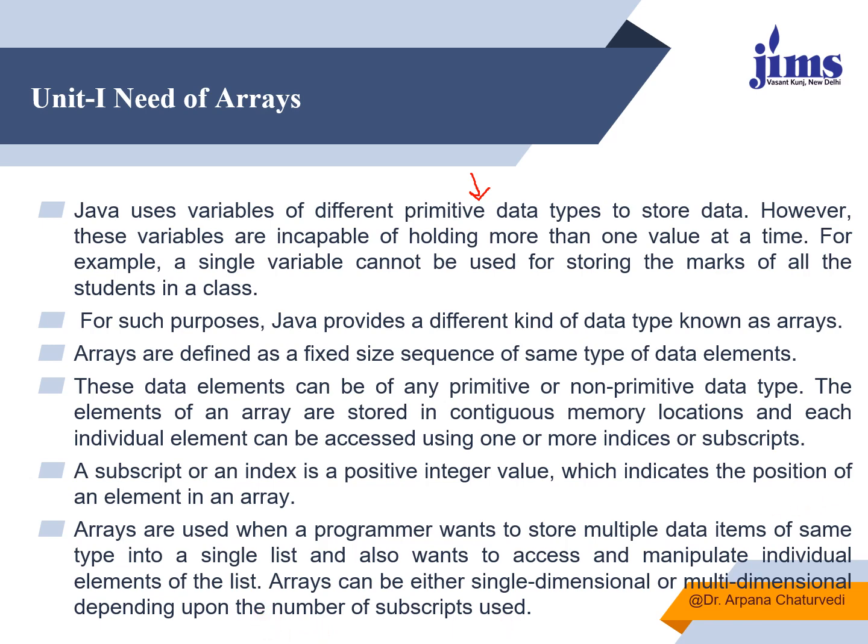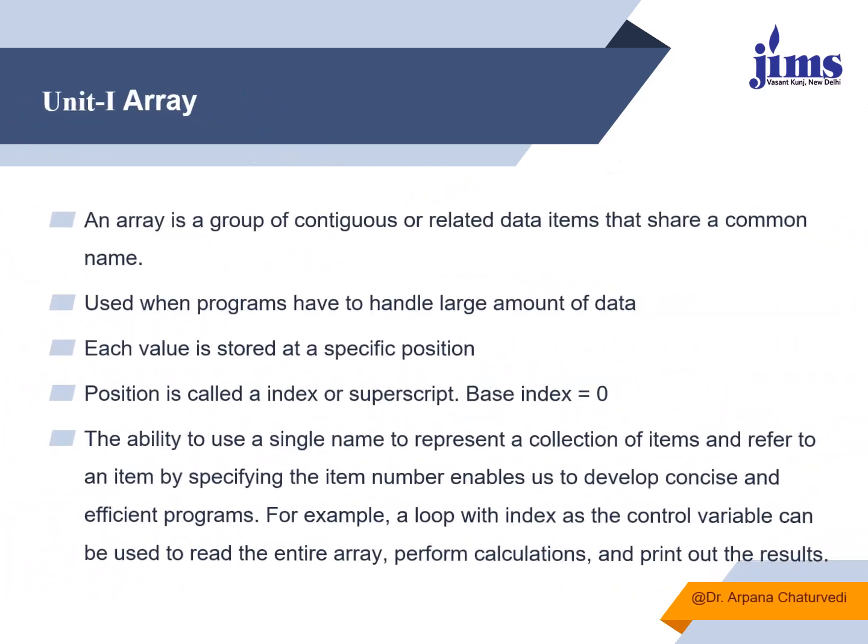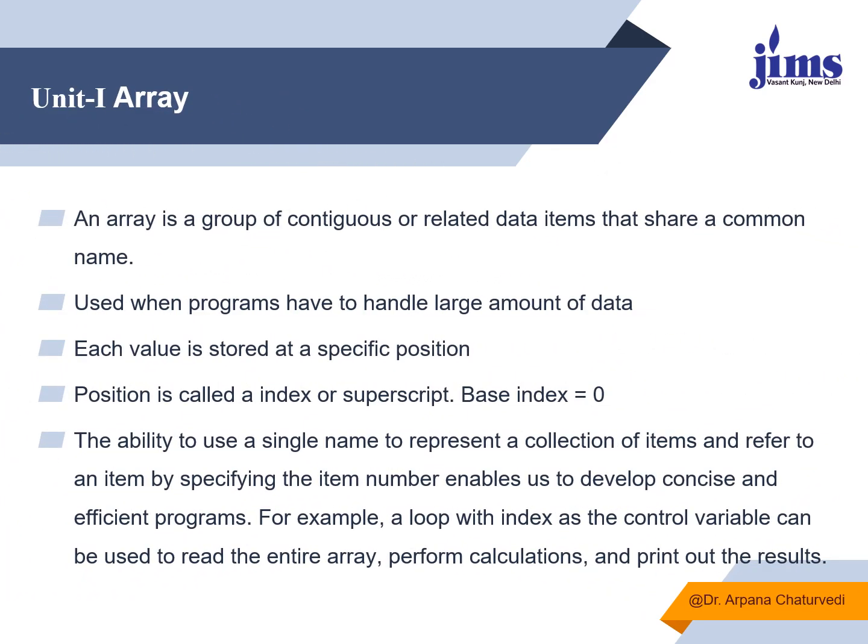So hence we can say that an array is a group of contiguous or related data values which share a common name, used when a programmer has to handle a very large amount of data of the same kind, like storing the salary of thousands of employees or the marks of thousands of students. So we need one variable name which has the capacity to handle a large amount of data.